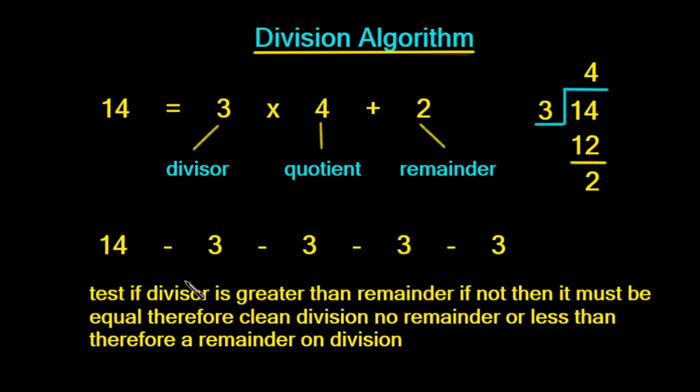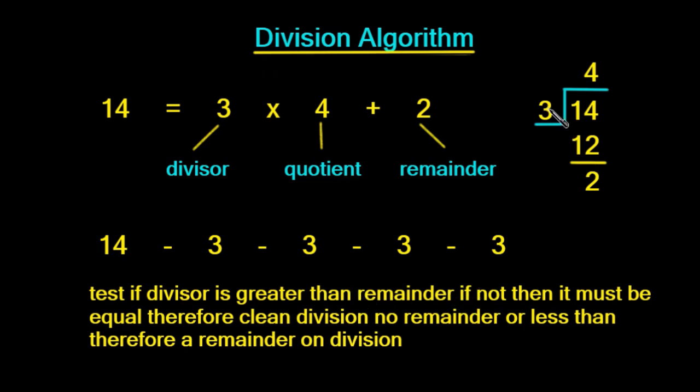But the test is going to come here. We're going to have to test if the divisor, that is this number here, so the 3, is greater than the remainder. If the divisor is still greater than the remainder, it means we can still go through and do another subtraction. But if it's not greater than it, then it must either be equal to or less than.